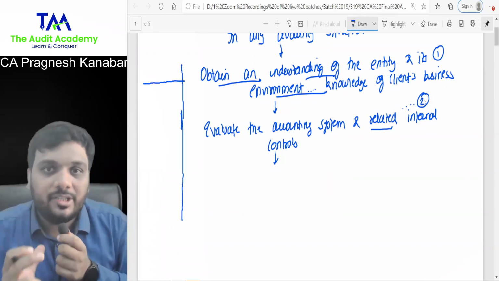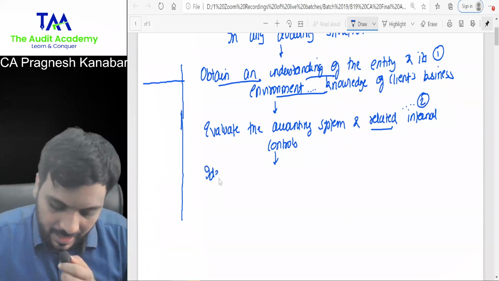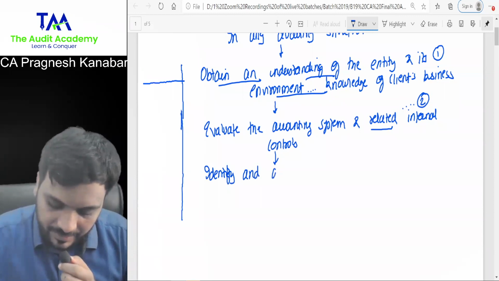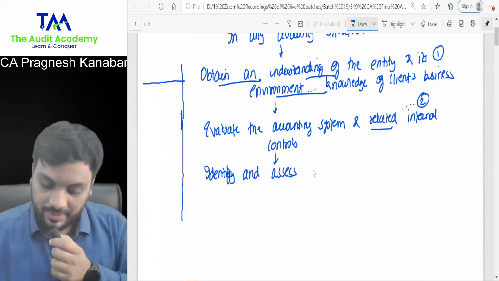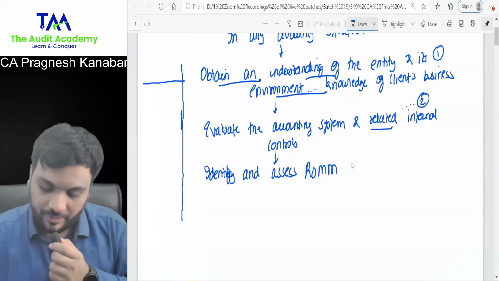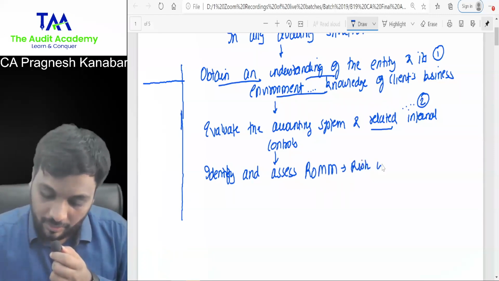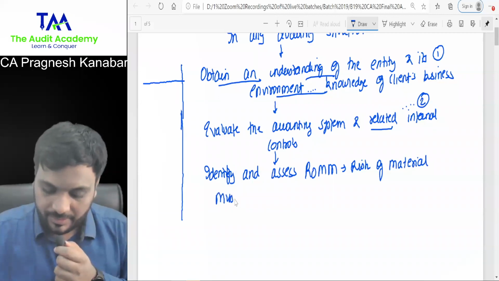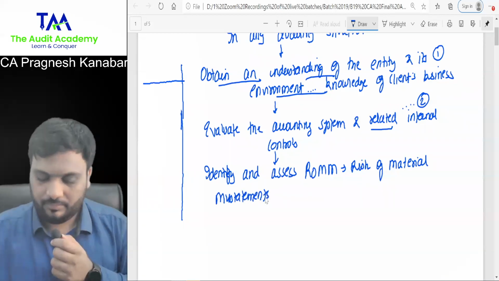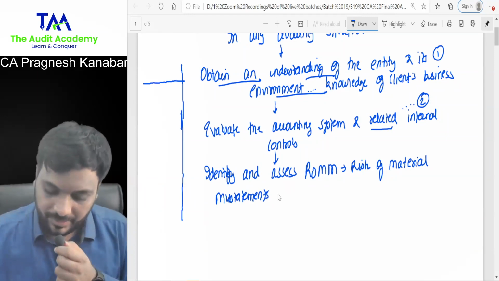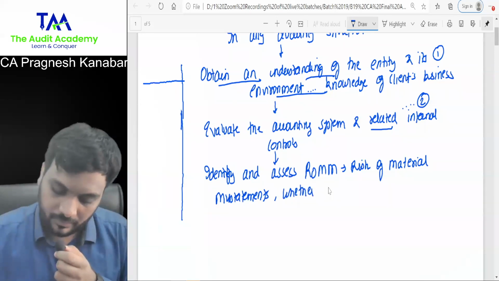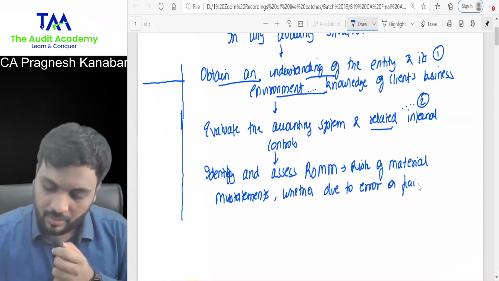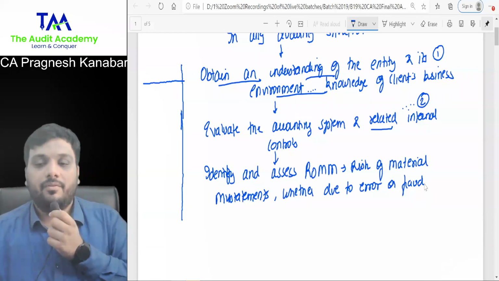So after I am done with these two steps, I can identify and assess risk of material misstatements, whether due to error or fraud.